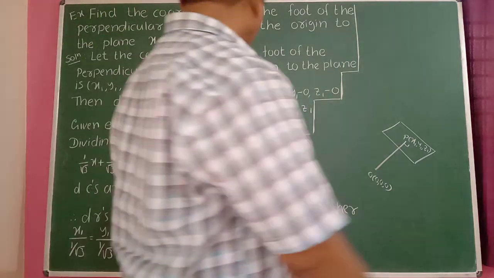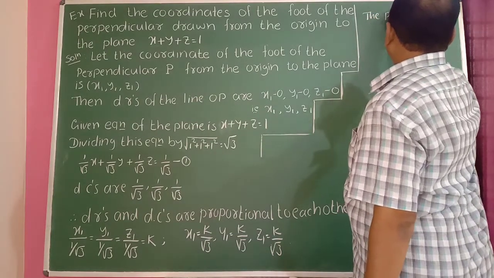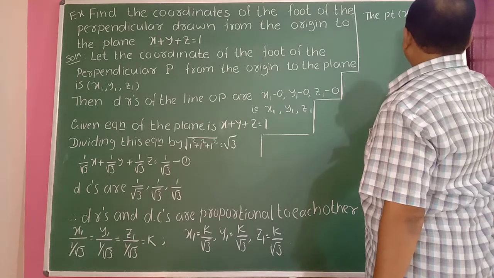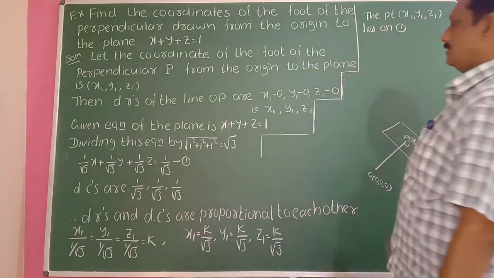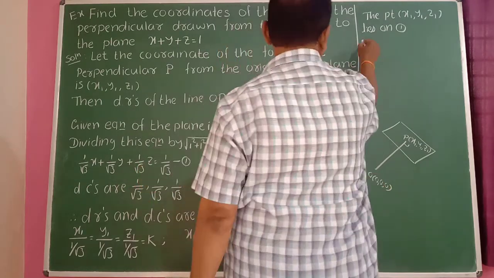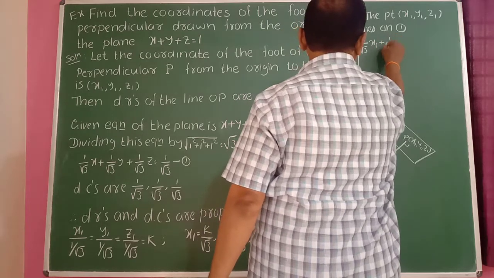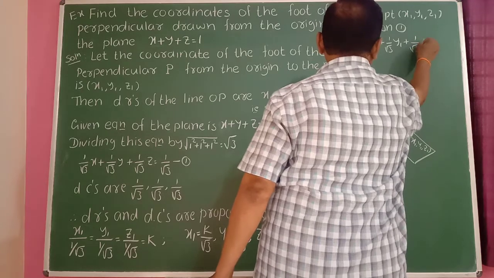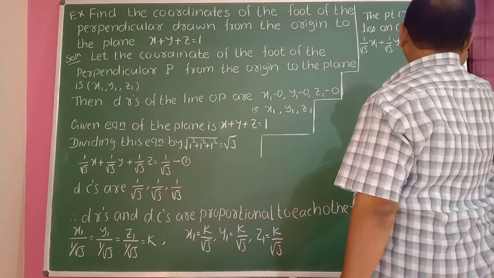The point x1, y1, z1 lies on plane 1. Hence, replace x by x1, y by y1, z by z1: 1 upon root 3 into x1 plus 1 upon root 3 into y1 plus 1 by root 3 into z1 is equal to 1 upon root 3.